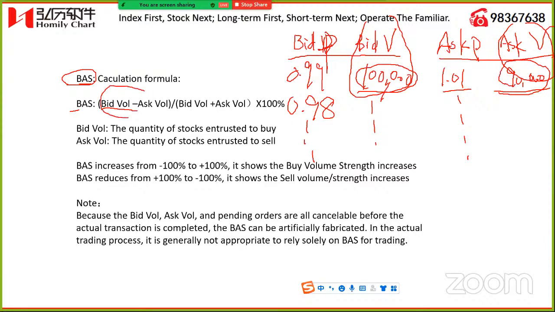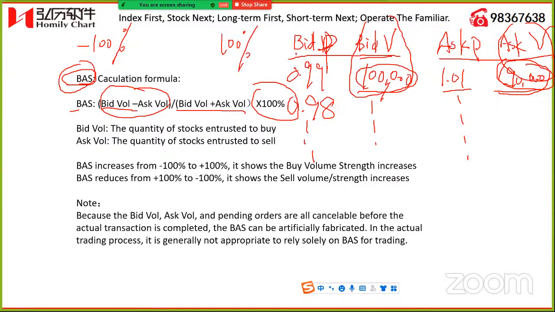This difference is divided by the sum of the bid volume plus the ask volume, in percentage. So you can see this bias data can range from minus 100% to 100%.